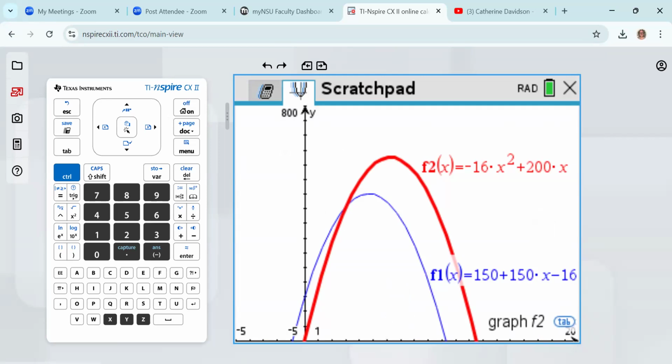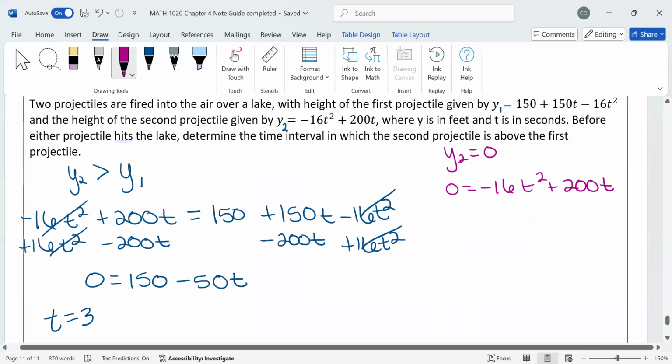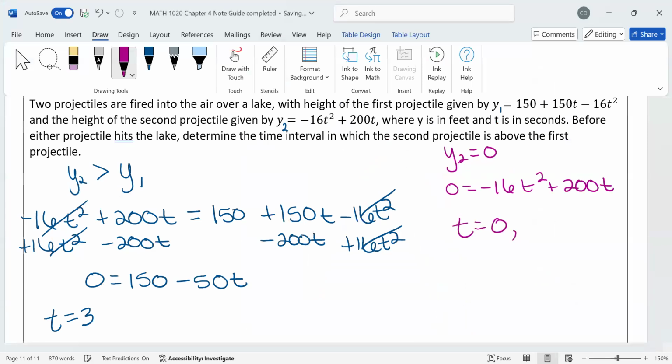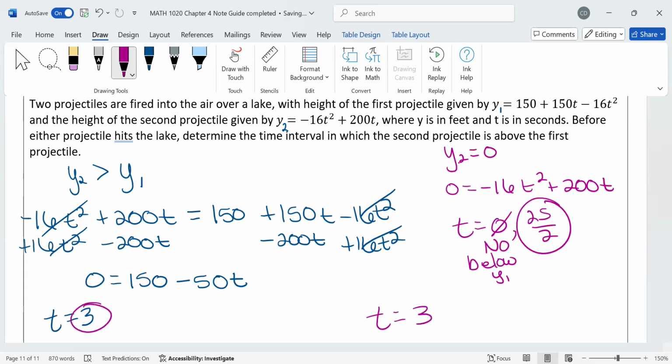That's still below the first one. So the other point is going to be at 25/2. So we have 3. That's where they intersect, where it starts to surpass the first one.